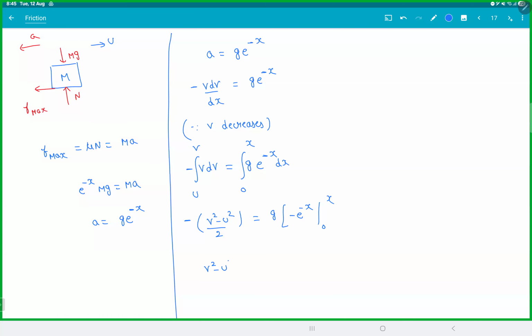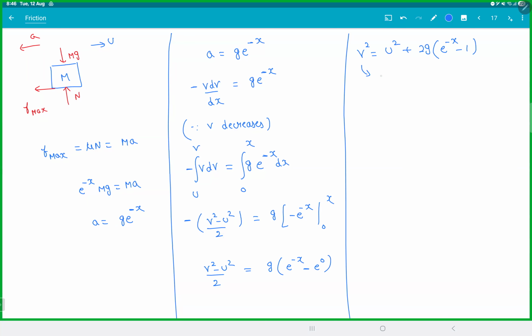Minus minus goes off. e power minus x minus e power 0. So we get v square is equal to u square plus 2g into (e power minus x minus 1). This is your velocity as function of x. So this v is your velocity after traveling x.